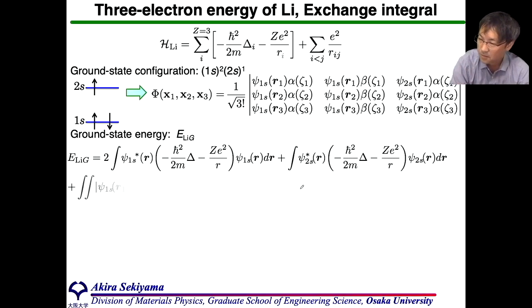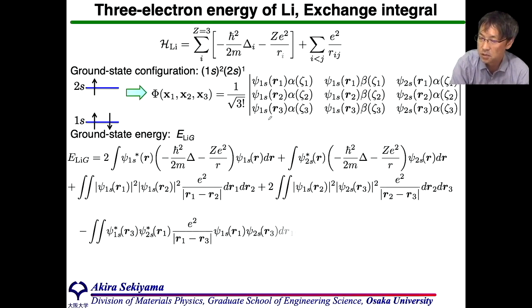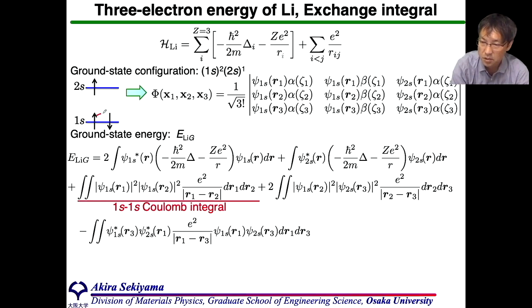The formula becomes so long because we need to consider a few different Coulomb interactions. So the first 2 terms stand for the one-electron energy given by the kinetic energy and potential from the nucleus. So this is for the 2s orbital electron. Then we need to consider the 1s Coulomb integral between this one.